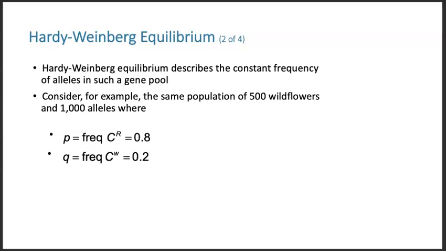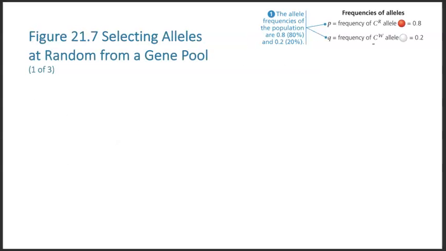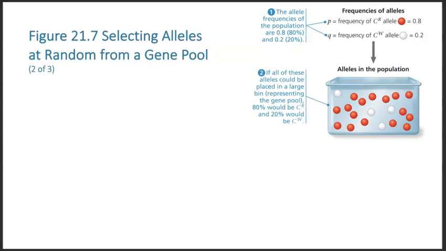Let's say that we have a population of 500 wildflowers and there are 1,000 alleles, just like we were talking about before, and we're going to step through this one by one. The allele frequency, as we calculated before, was 0.8 for the red allele and 0.2 for the white allele. And then you throw those alleles into a gene pool. Again, you're not literally throwing them into a gene pool, but we are going to say that the population is mating randomly, right?